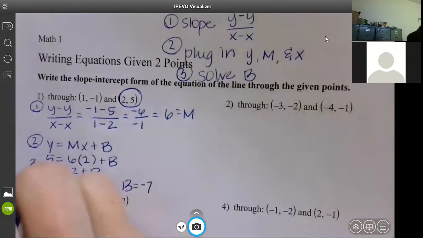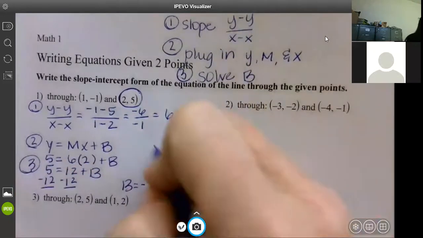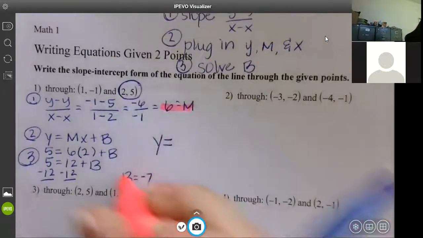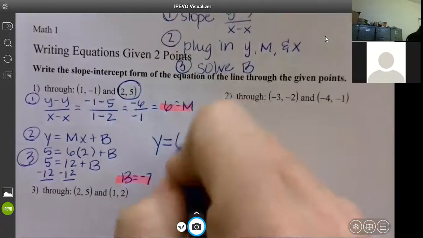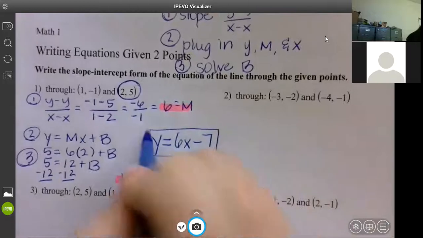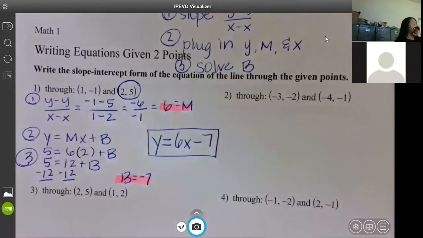So that was step 3. Now we can write our equation. y equals, what was our m? We're going to use our m and our b. So 6x, and our b was -7. That's it. Again, we're doing the same thing in our notes in just a minute.